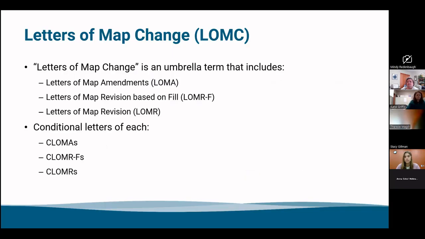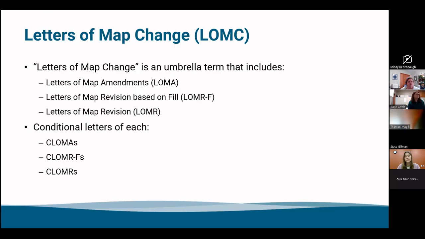These are the different types of letters of map change. Letter of map change is really an umbrella term that describes all of these, but each has its own unique characteristics and qualities. You have your letters of map amendment, or LOMA, letters of map revision based on fill, or LOMR-F, and letters of map revision, which are just your LOMR.